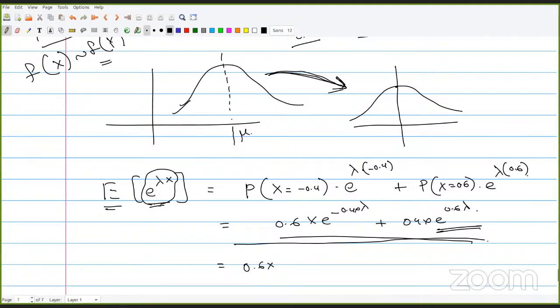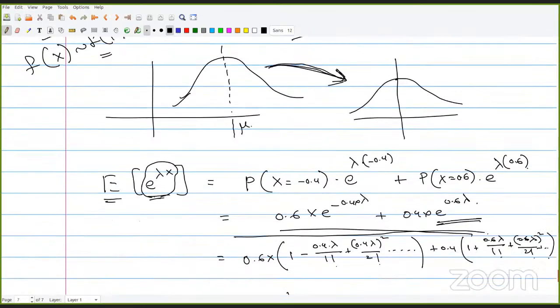What is the expansion of e to the power minus x? It will be 1 minus x by 1 factorial plus x square, correct? So this will be 1 minus 0.4 lambda divided by 1 factorial plus 0.4 lambda whole square divided by 2 factorial and so on, plus 0.6 into 0.4 lambda terms similarly.